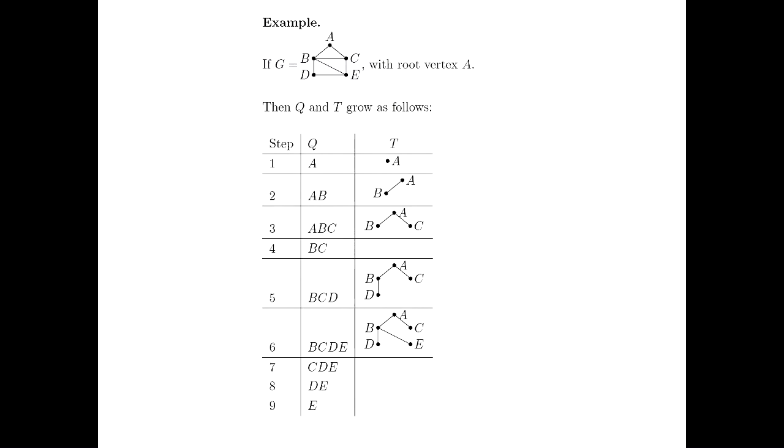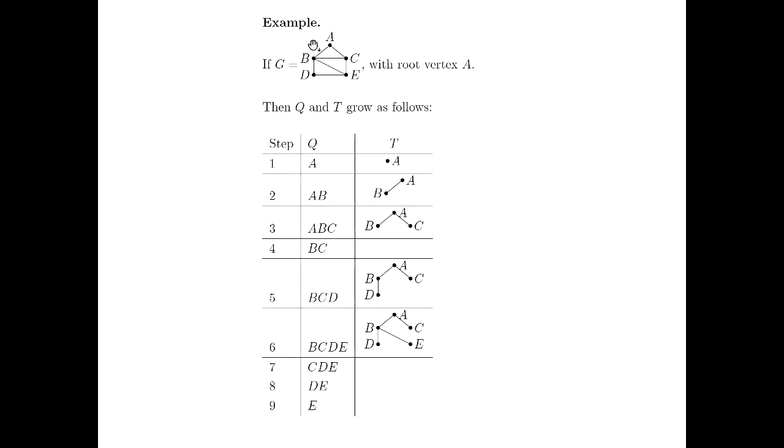Okay, so how does this work? Because we're going in alphabetical order, we're going to pick A to be the root vertex, right? So our tree becomes just the vertex A, and our queue becomes just A. Now we look at the neighbours of A and we add any of them we haven't already seen, and we haven't seen anything at this point, to our queue.